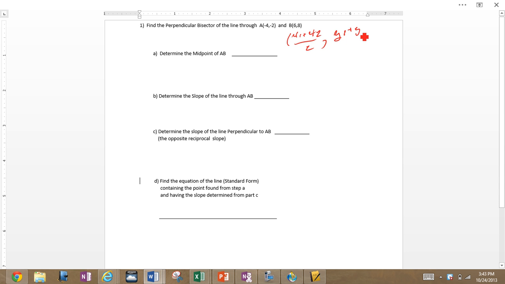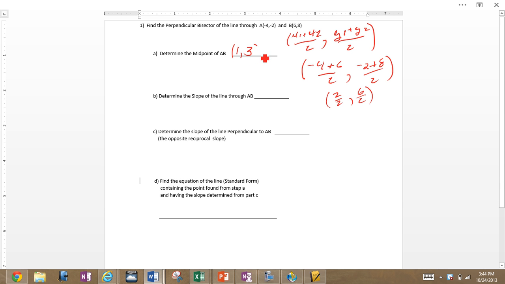So putting those values in, my midpoint is computed by -4 plus 6 over 2, and adding the y coordinates, -2 plus 8 over 2. -4 plus 6 is 2 over 2, which is 1, and -2 plus 8 is 6 over 2, which is 3. So it looks like my midpoint is at (1, 3).